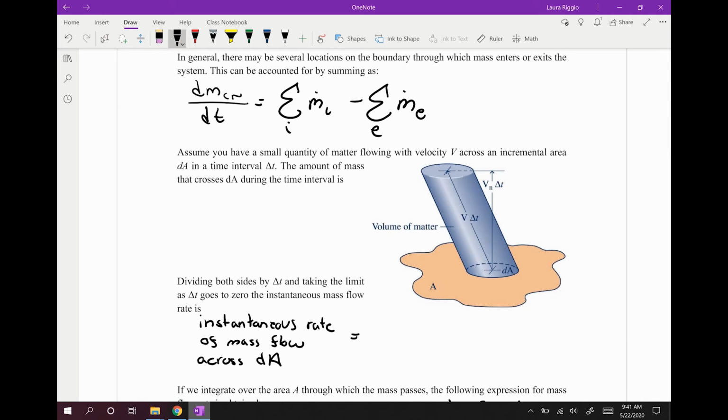If we assume we have some quantity of matter flowing with a velocity v across an incremental area in some interval of time, the amount of mass that crosses our differential area during that time interval would be the density of our material times our normal velocity times the amount of time times our differential area.